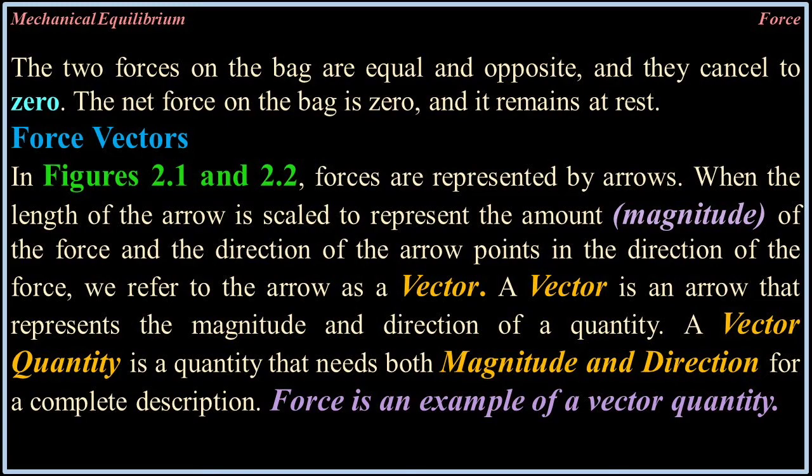A vector is an arrow that represents the magnitude and direction of a quantity. A vector quantity is a quantity that needs both magnitude and direction for a complete description. Force is an example of a vector quantity.